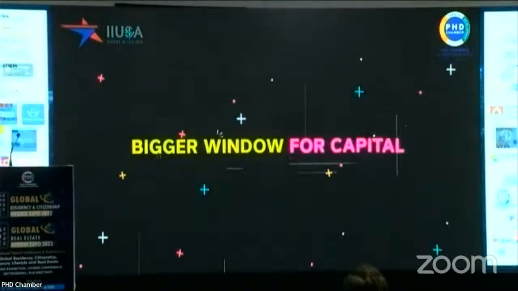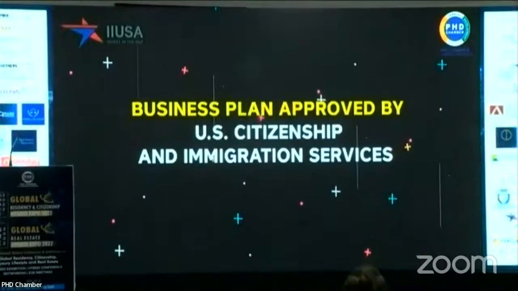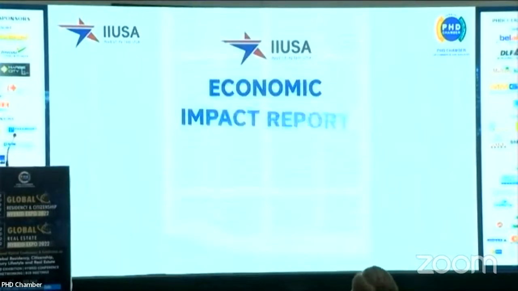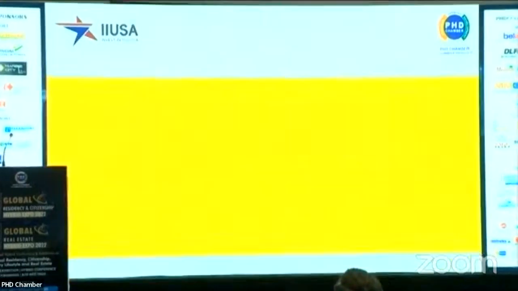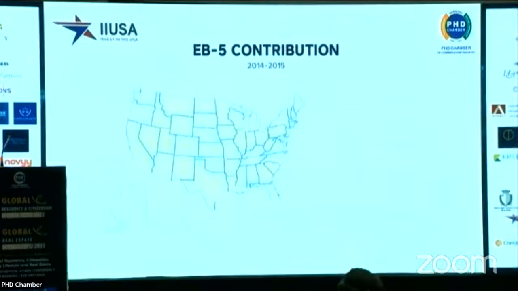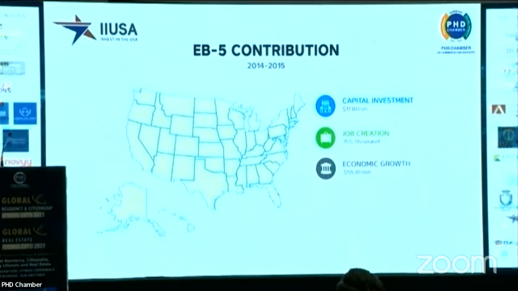There's a bigger window for capital and no limitations on the number of EB5 applicants who can invest in one project, so long as the business plan has been approved by U.S. Citizenship and Immigration Services, or USCIS in short. Let's talk numbers. According to IIUSA's latest economic impact report, between federal fiscal year 2014 and 2015, EB5 contributed nearly $11 billion in capital investment, over 355,000 jobs created or supported, over $55 billion in economic growth, over $23 billion in labor income for the U.S. workers.